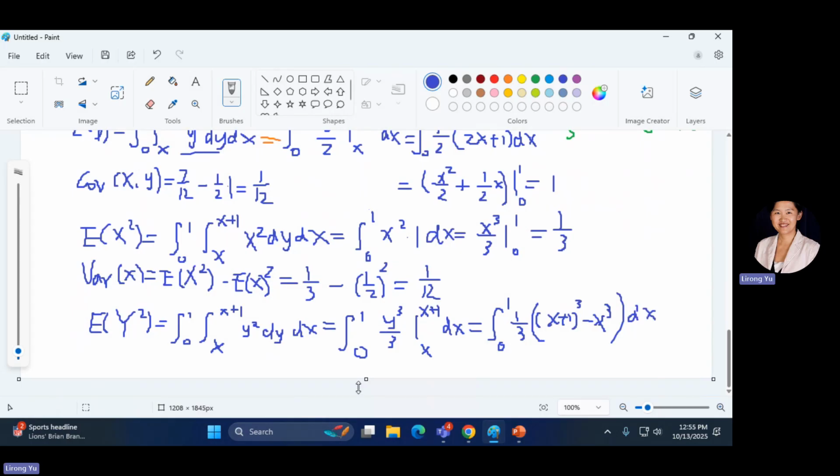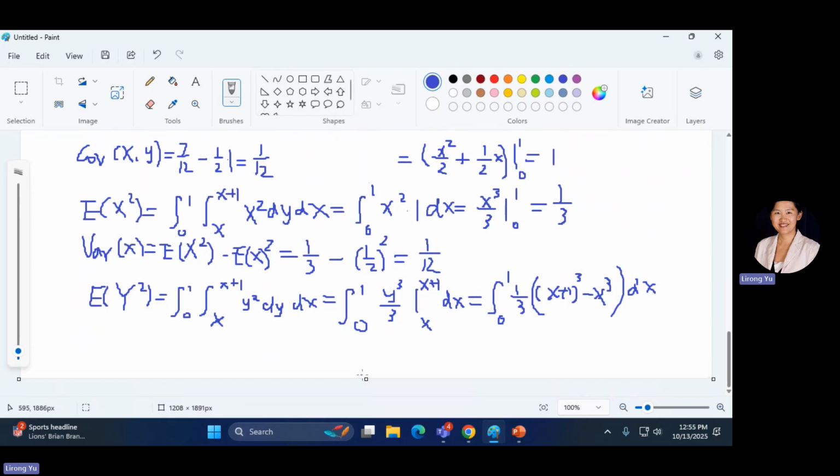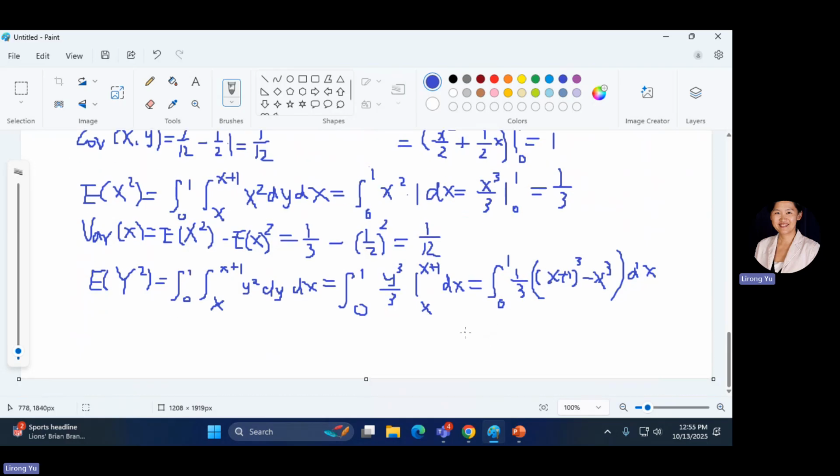So here we can use the power rule to find the antiderivative. According to the power rule, it's 1/3, and this is x plus 1 to the power 4 over 4. That's the antiderivative of this one. The antiderivative of this one will be x to the power 4 over 4. Okay, and then we put in 0 and 1.